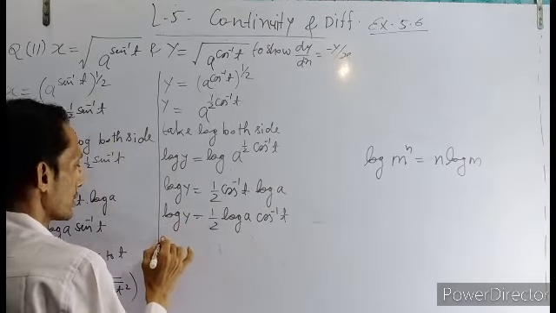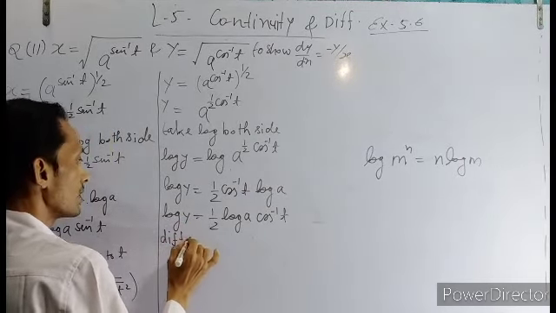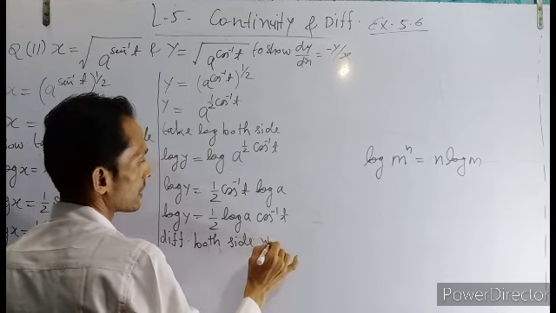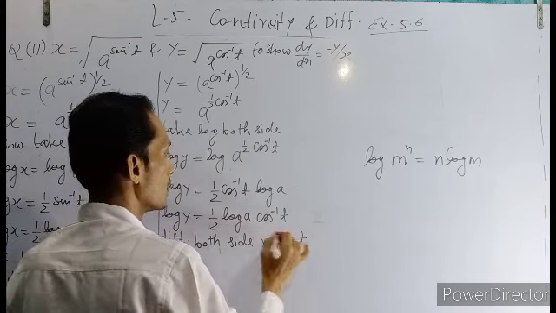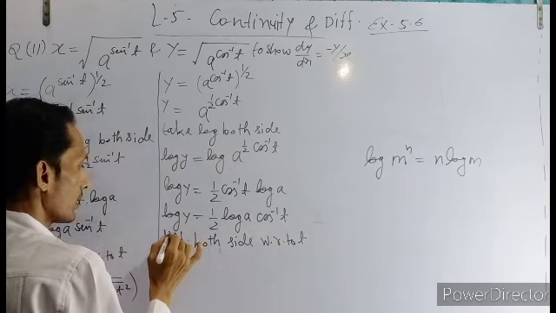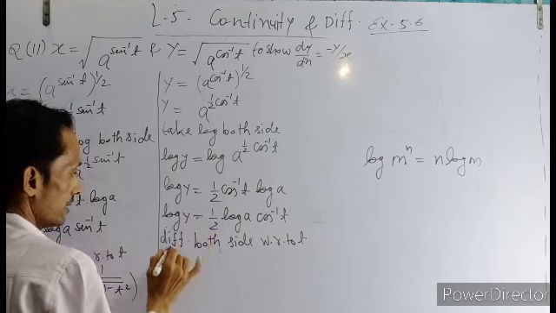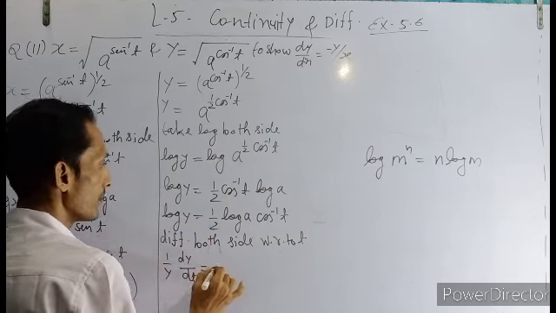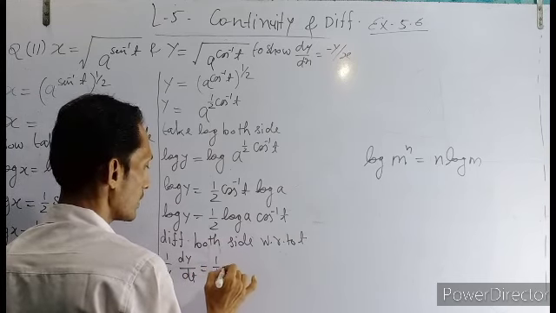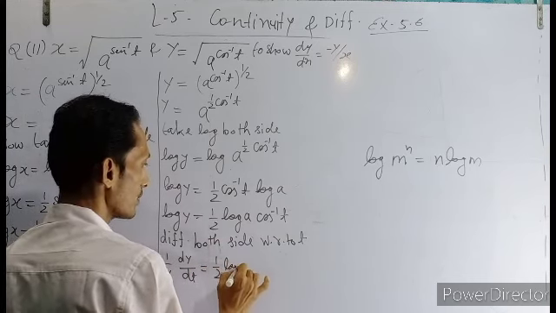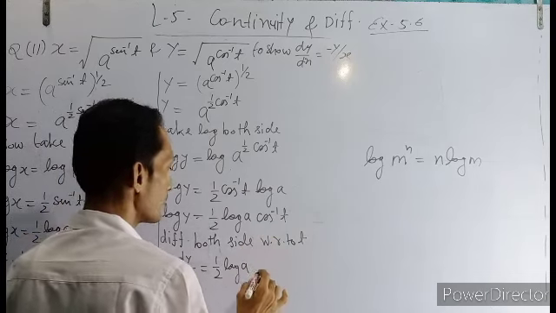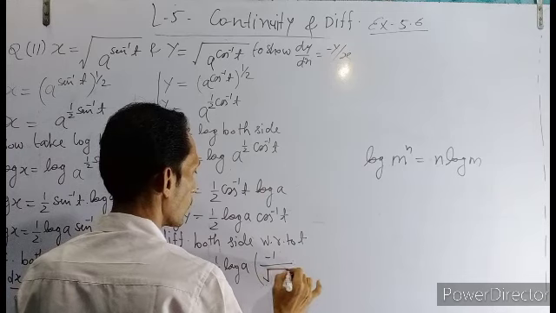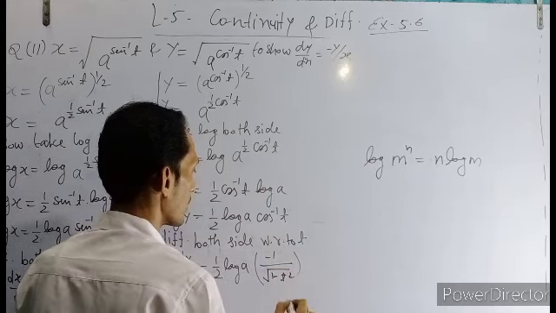So differentiate both sides with respect to t. Log y gives 1 upon y into dy by dt, equal to the constant log a, and the derivative of cos inverse t, which is minus 1 upon under root 1 minus t square.